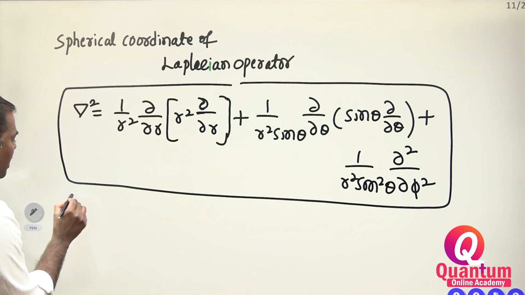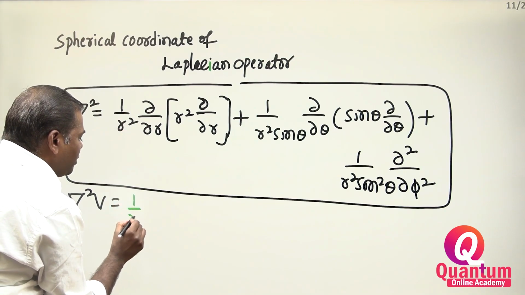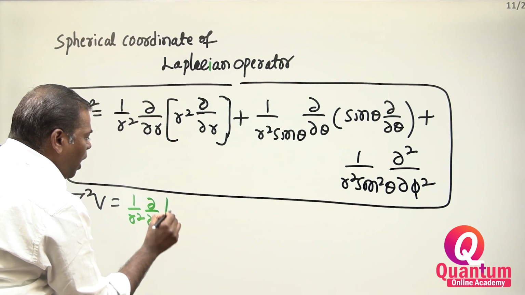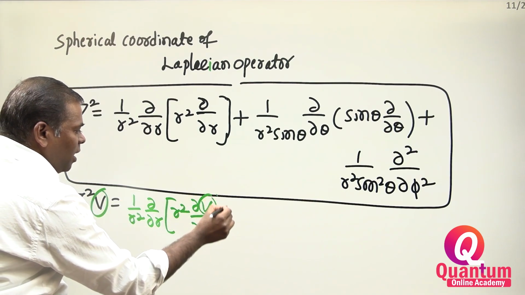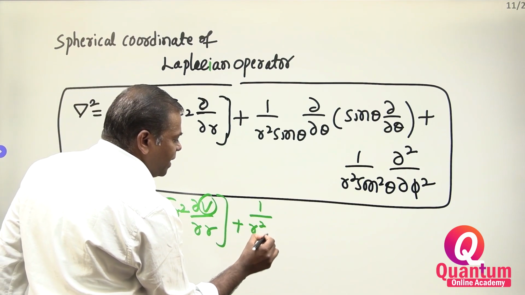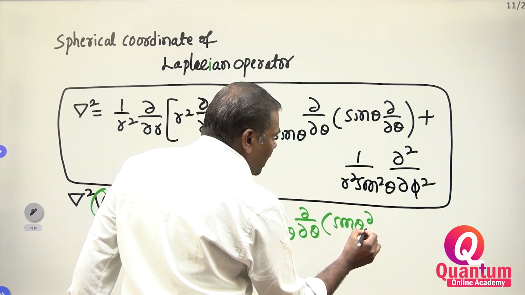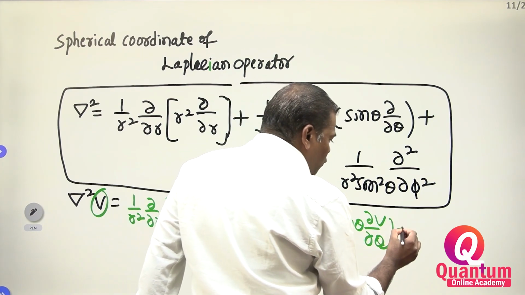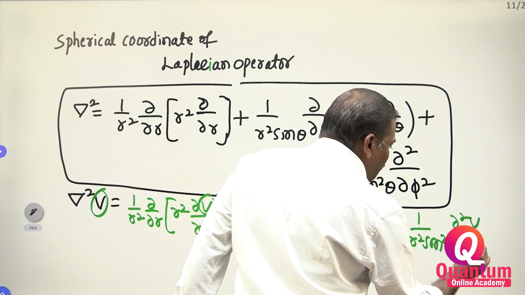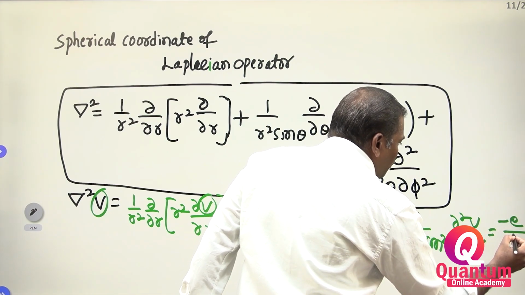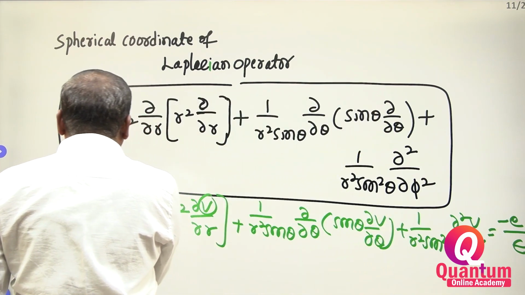Our Poisson equation is del square V, which is 1 by r square dou by dou r of r square into dou V by dou r, plus 1 by r square sin theta into dou by dou theta of sin theta into dou V by dou theta, plus 1 by r square sin square theta into dou square V by dou phi square, is equal to minus rho by epsilon naught. This is the Poisson equation.